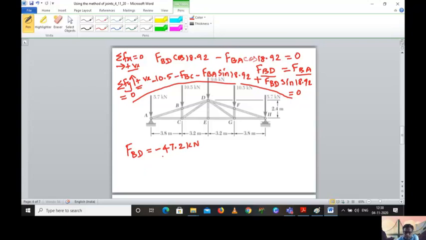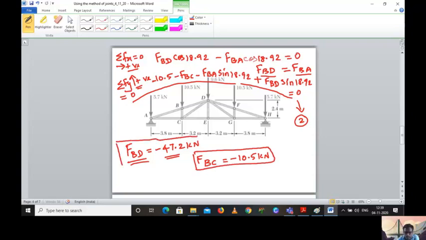Then if you substitute FBD equal to minus 47.2 kilonewton in equation 2, you will get FBC, based on my calculation, as minus 10.5 kilonewton. Please check it out.